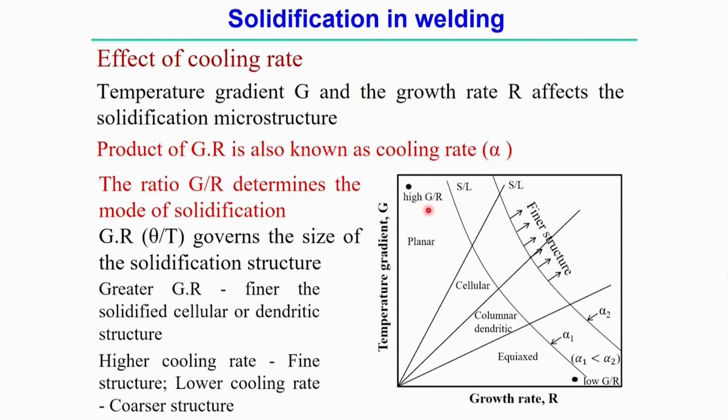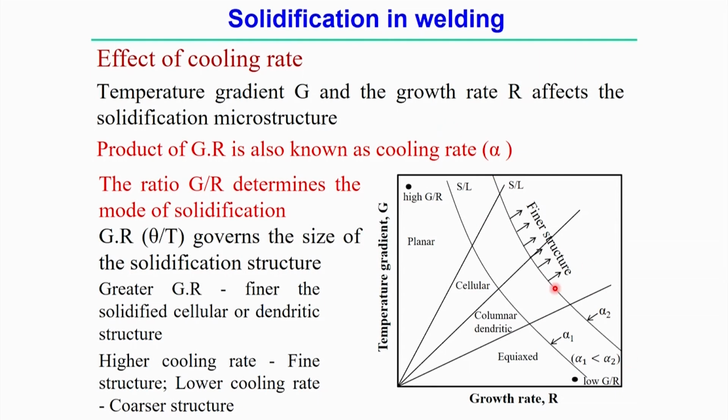A high G by R value promotes the planar structure, and a low G by R ratio promotes the equiaxed dendritic solidification mode.